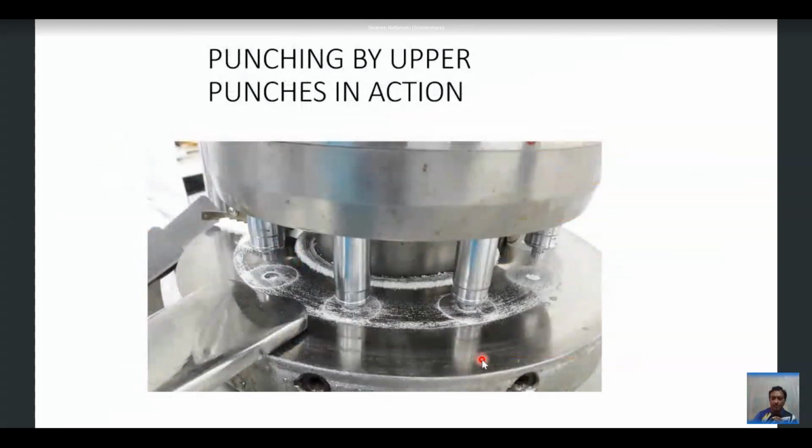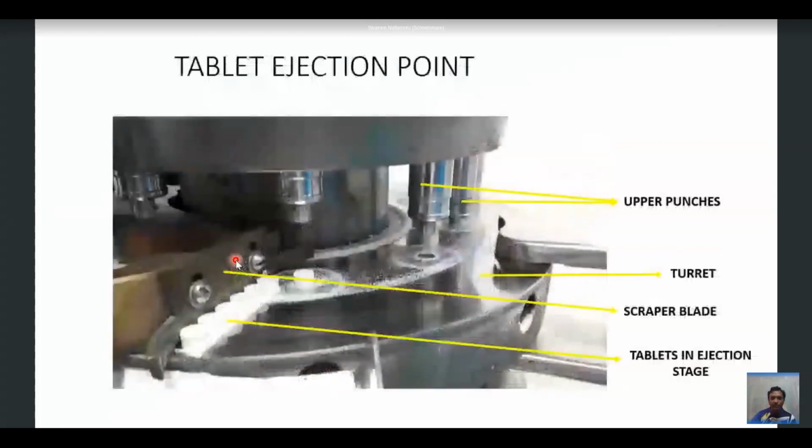Coming to this picture, you can also see very clearly the granules filled in this pocket, and the compression of the tablet taking place here. Here is the compression state, and here the tablet is compressed and about to eject from the die. You can see a series of tablets emerging out of the rotary machine. This picture shows exactly how the tablets are ejected.